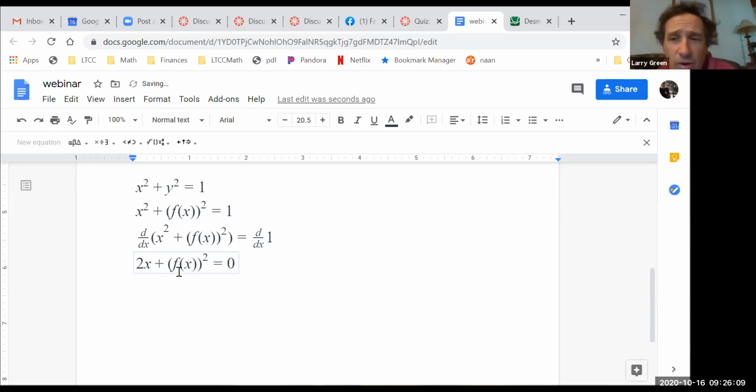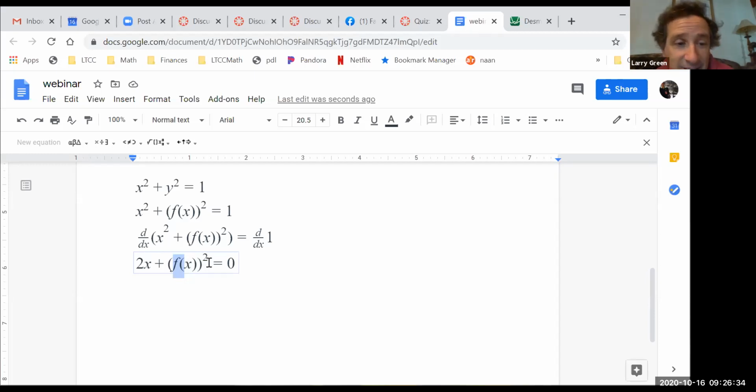Okay, now what rule do I have to use to find the derivative of f of x quantity squared? What's the big rule? Chain rule. So what is the derivative of f of x? Well, if we knew what the derivative of f of x was, we wouldn't have to do anything because that's what our question is.